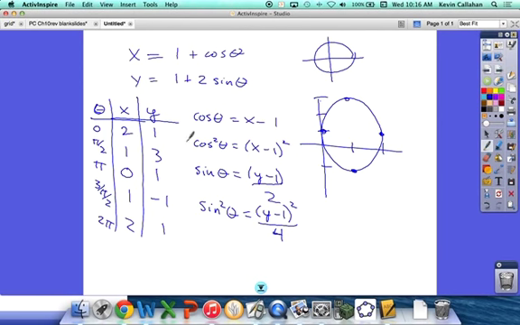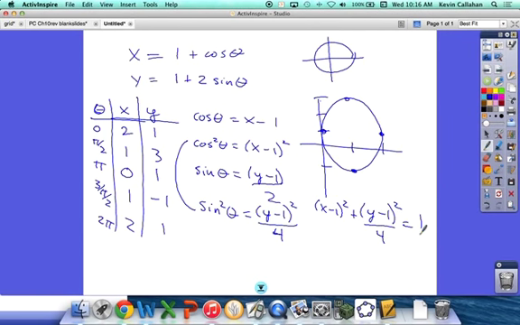Now if I add these two equations up, the sine squared plus cosine squared is 1, so there's no more theta, no more parameter. It's all x's and y's. So we get x minus 1 squared plus y minus 1 squared over 4 equals 1.